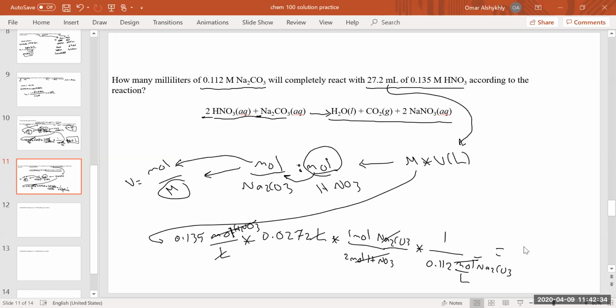Now we will divide it by 2, divided by 0.112. We will get 0.016 liter. Now look at here, guys. They are asking for the volume in milliliter. So here you will multiply it by 1,000. We will get 16 milliliter.